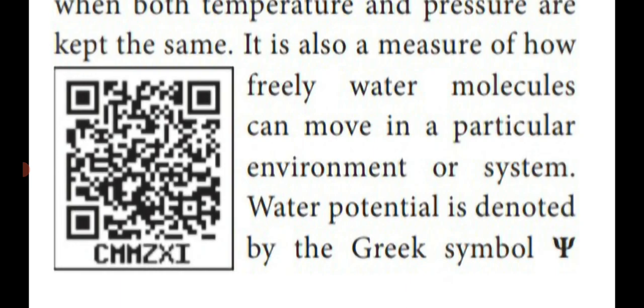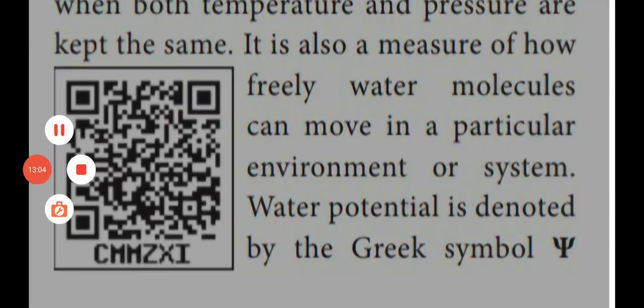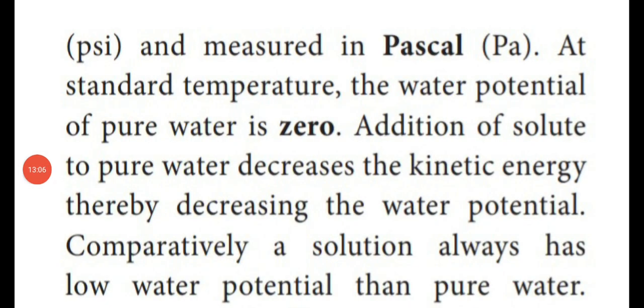The water potential is denoted by a Greek letter known as psi. The pronunciation of water potential is psi, P-S-I. The P is silent, the pronunciation is psi. And also the water potential is measured in Pascal, that is Pa.